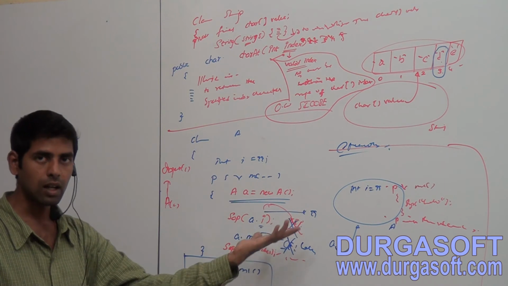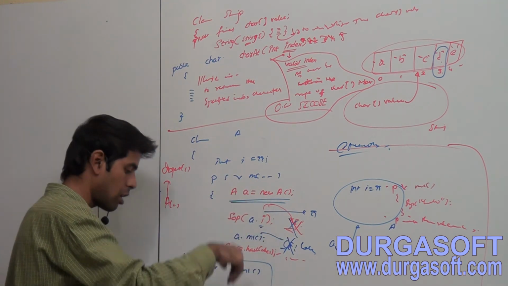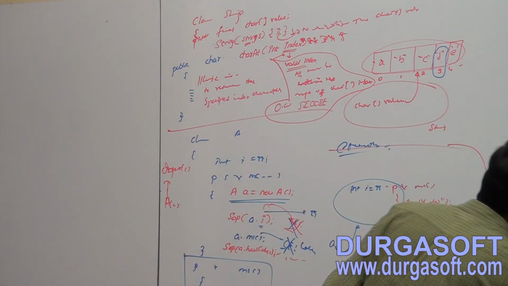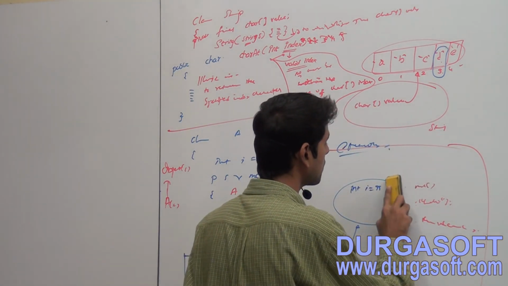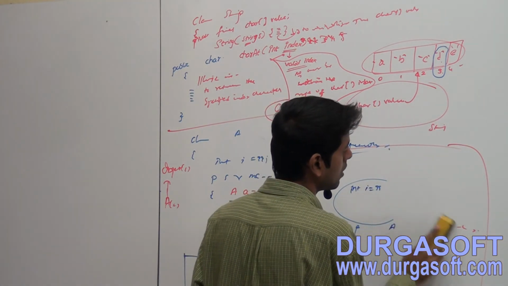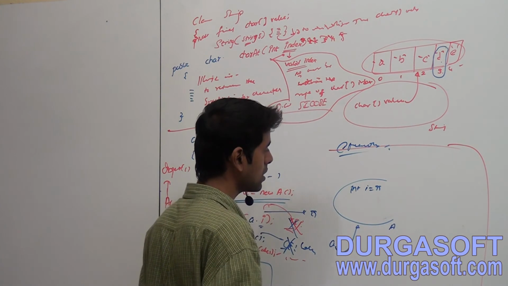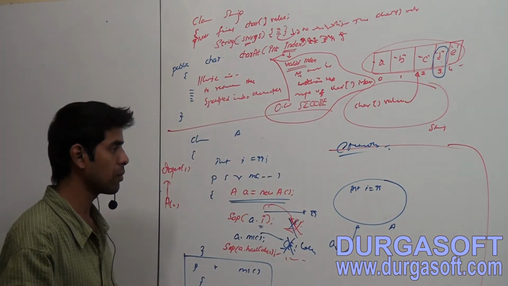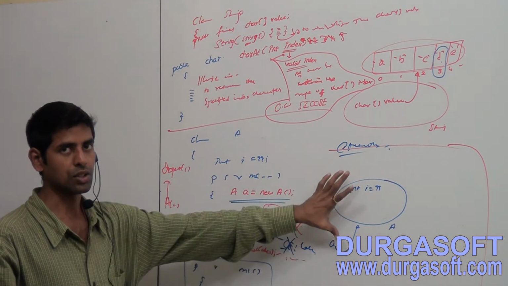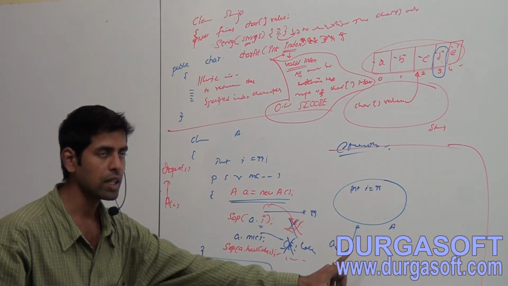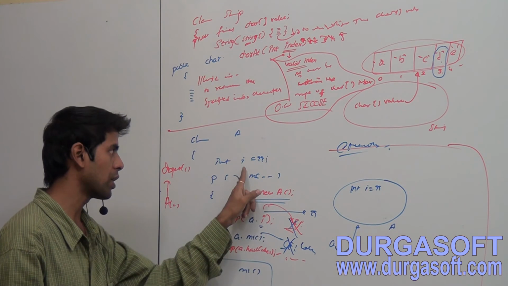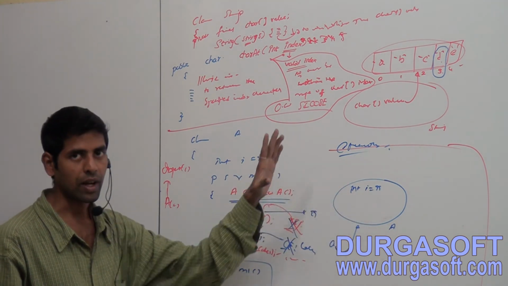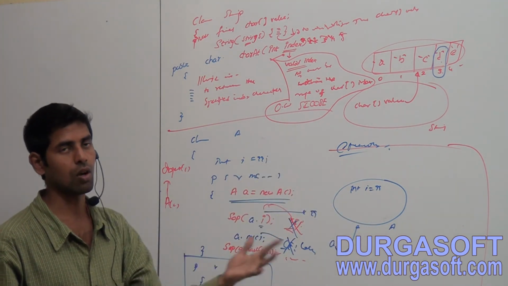Because of this object creation statement, what happens in memory, friends? We all know JVM will create an object, and this instance variable will be available as data within the object.